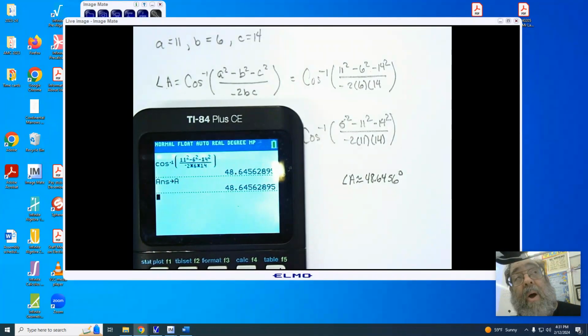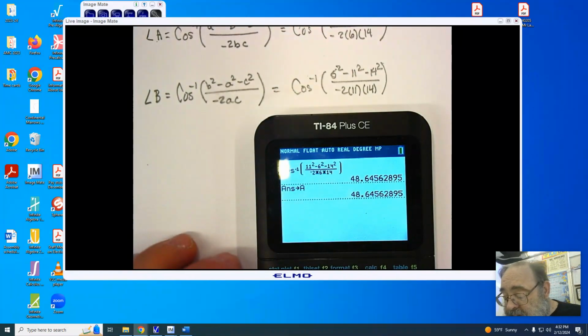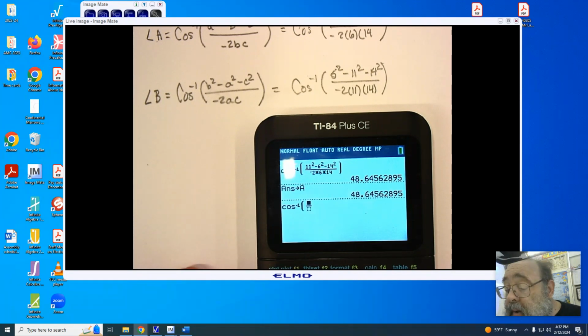We're now going to find angle B. Once again, using my calculator directly as I have it. Second function cosine. Alpha y equals for the fraction, and now put 6 squared minus 11 squared minus 14 squared all over negative 2 times 11 times 14.